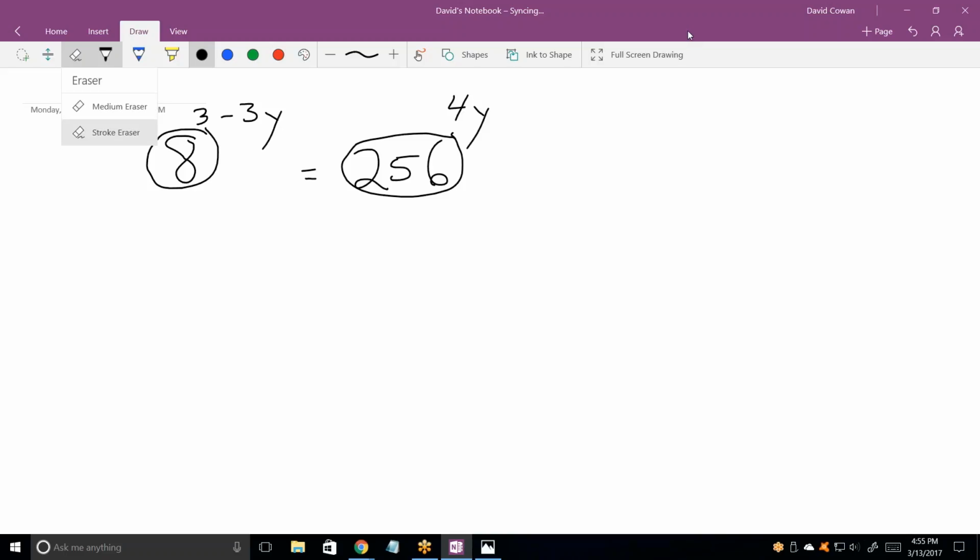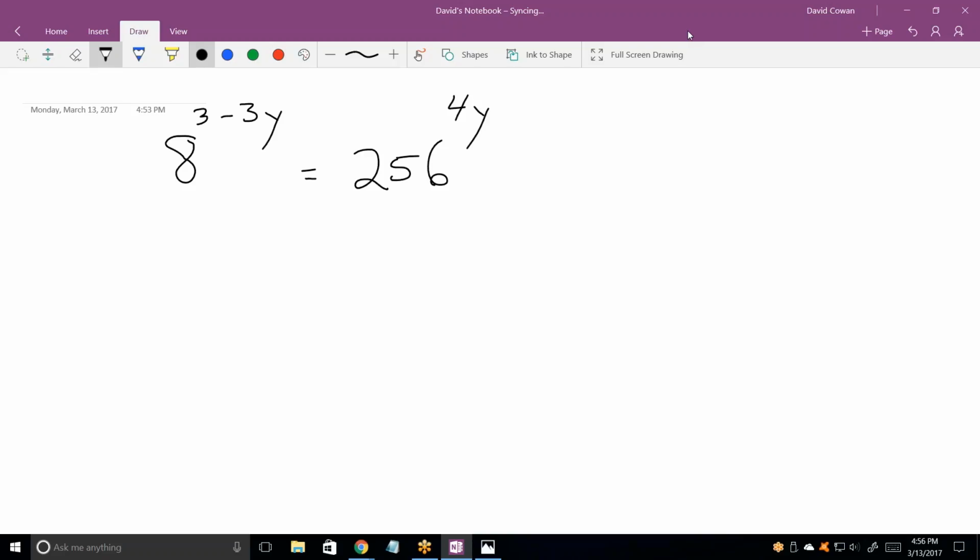So what we have to do to solve this in a non-logarithmic manner, which is the way they want you to solve it, they don't want you to use logs, is we have to find a common exponential base where we can represent 8 as that base to some power, and we can represent 256 as that base to some power.